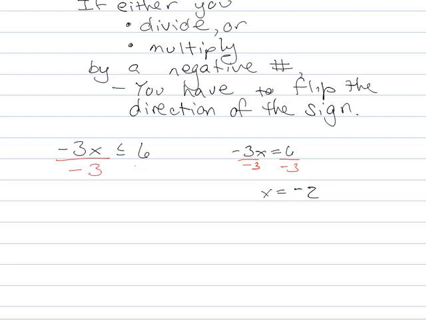I'm going to divide both sides by negative 3, but since we're dividing by a negative, we flip the direction of the sign. So instead of less than or equal to, it becomes greater than or equal to negative 2, and that is our answer. Notice that if it was a less than or equal to, it becomes a greater than or equal to. If it has an equal sign, you keep it. If it doesn't, you don't.